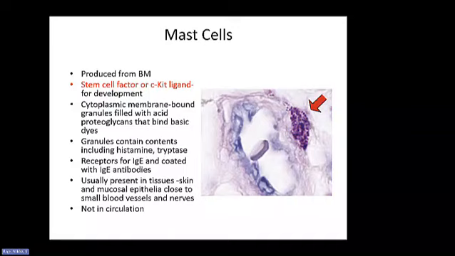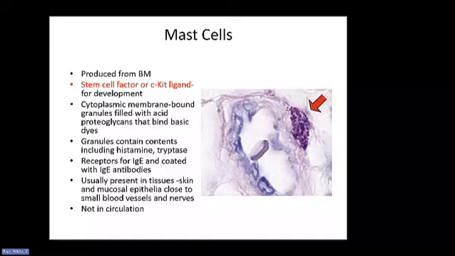All right, so mast cells, we know them pretty well. These are cells that have granules filled with contents like histamine and tryptase, and there are receptors for IgE on their surface. So when the IgE antibody binds to those receptors on the surface, these granules can release these substances, histamine and tryptase.